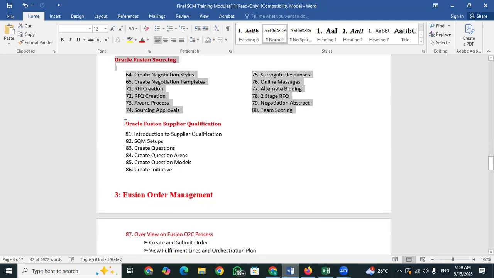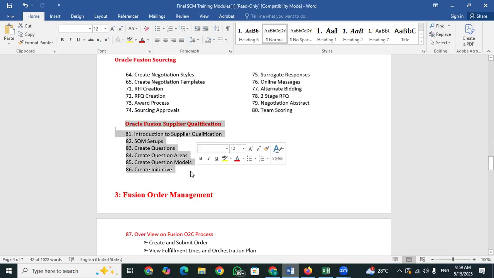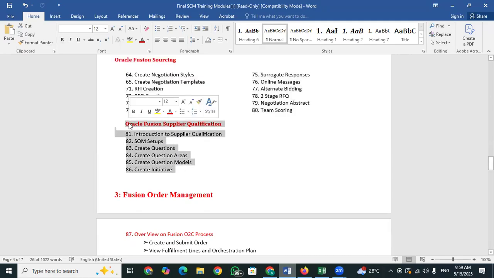Then supplier qualification. Supplier qualification is nothing but what their standards are, what their technicals are, what their commercials are, what is related to payments. If any service related things are coming, what are the responses? Some questions are there that they need to answer.